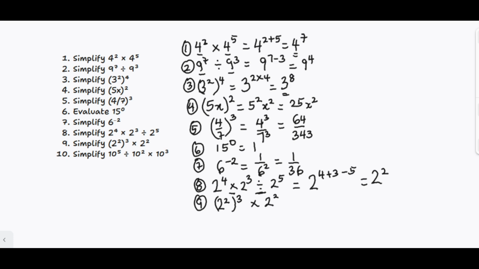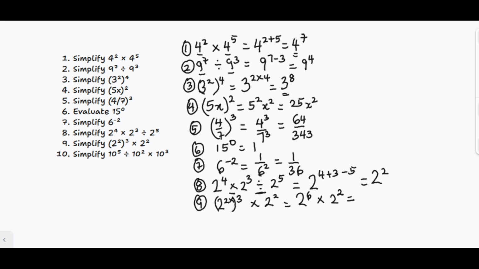Beginning with the power of a power, we are told that if we are given power of a power, we simply multiply. So this becomes 2 times 3. The first term there will become 2 raised to power 6, times 2 raised to power 2.